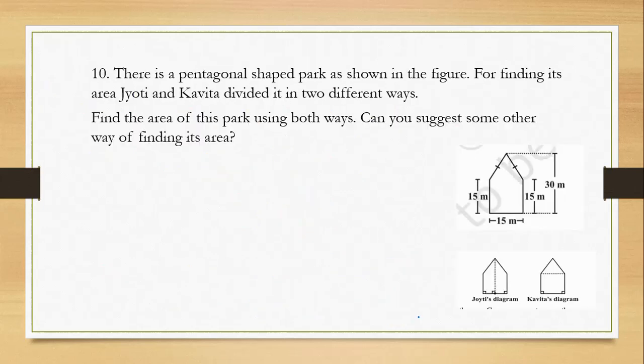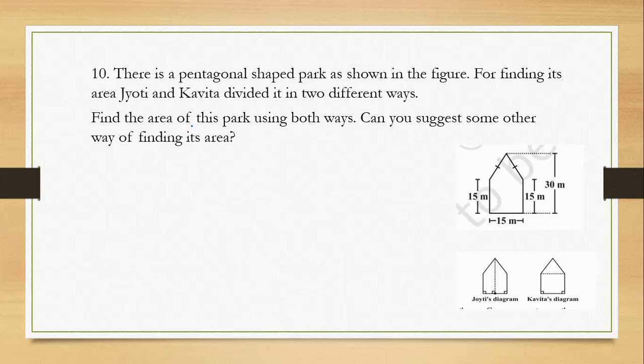And next we move on to the next question. This is question number 10, and this is a very important question. Here we want to understand the diagram before going to the questions. In this question they gave a pentagonal shaped park. Pentagon means 5 sides. For finding its area, Jyoti and Kavita divided it in two different ways.